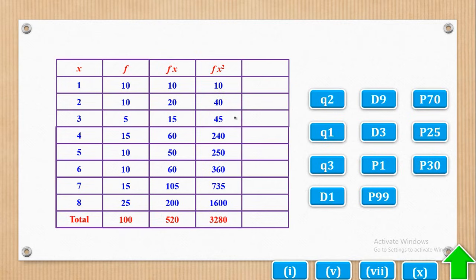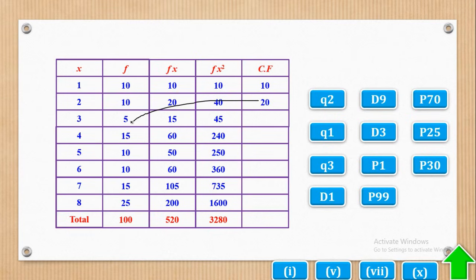Then I also need the column for CF, or cumulative frequency. That column will let me get the quartiles, deciles, percentiles, and median, as we already saw in the formula. So cumulative frequency, how is it generated? You keep on adding frequencies. For example, I'll first start with this to put it here. Then this plus this gives you what to put here.